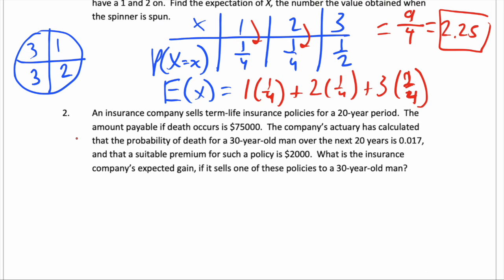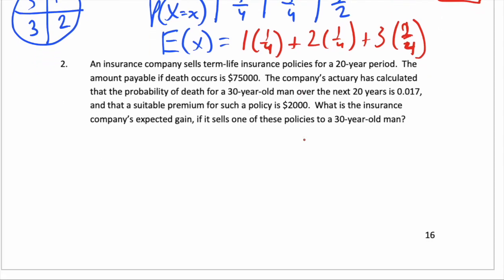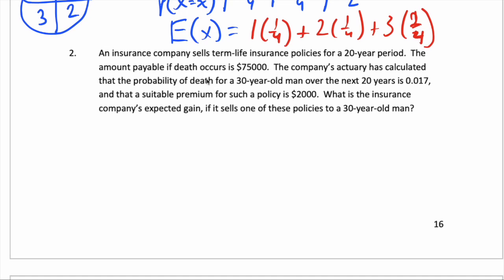This stuff is used in insurance companies all the time to calculate the amount of your insurance policy. An insurance company sells term life insurance policies for a 20-year period. The amount payable if death occurs is this.